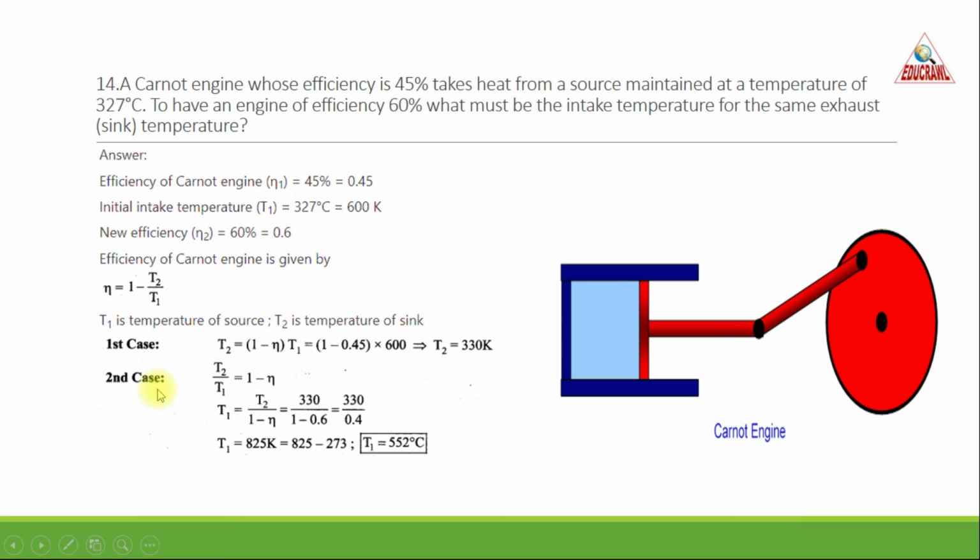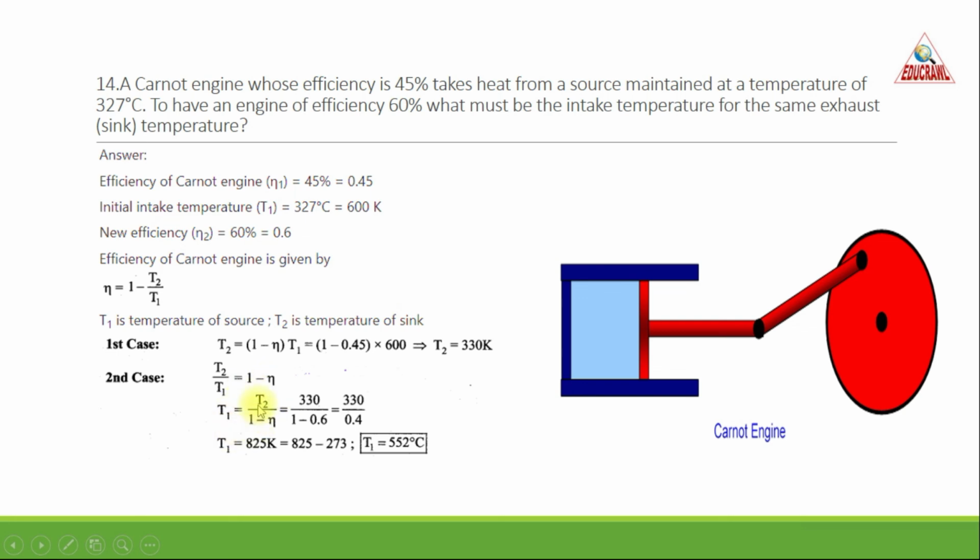Now for the second case, when the efficiency is 60%, we are calculating the temperature. Once again using the formula, eta is equal to 1 minus T2 by T1. Reversing this formula, we have T2 by T1 is equal to 1 minus eta.